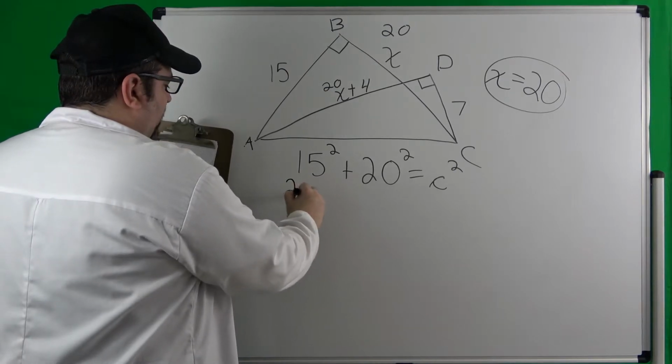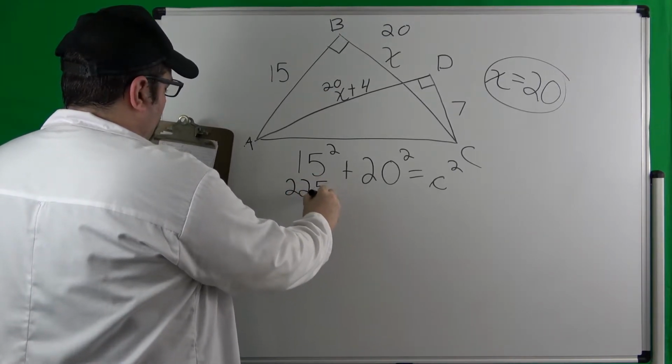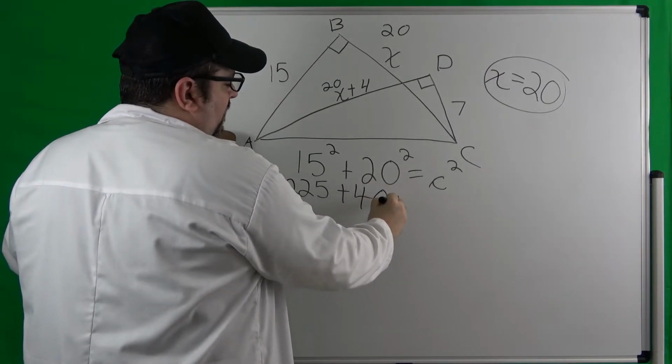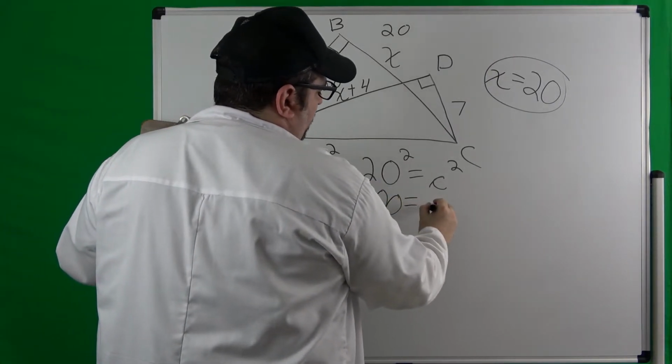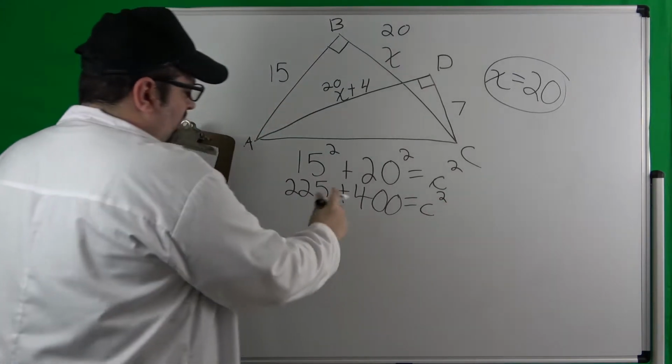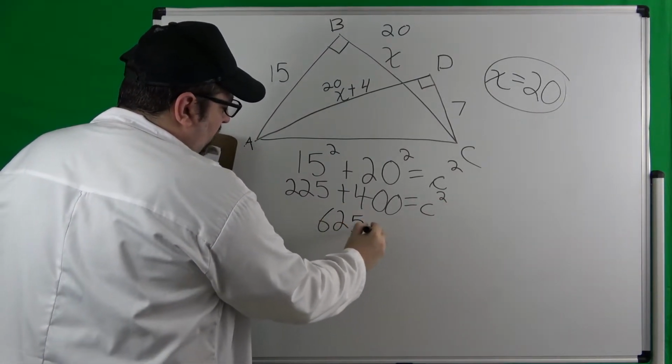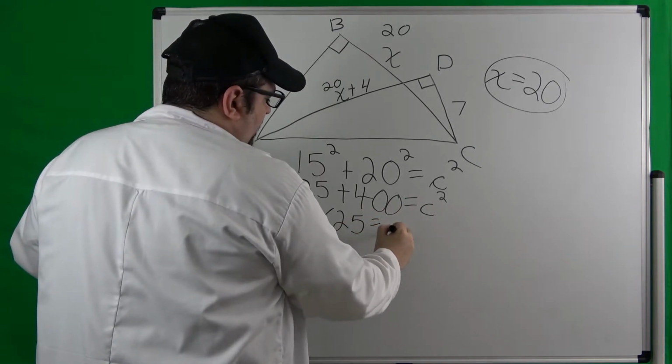Okay, and we got our 225 plus 400 equals c squared. 625 equals c squared.